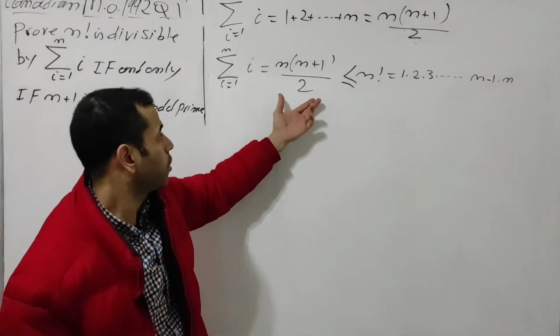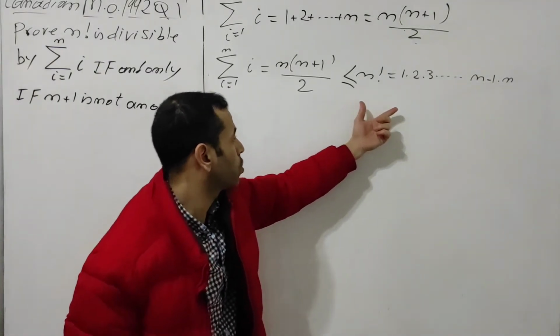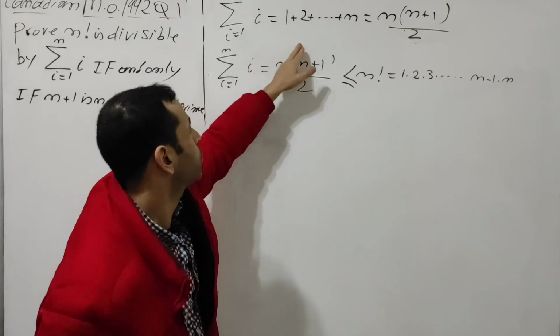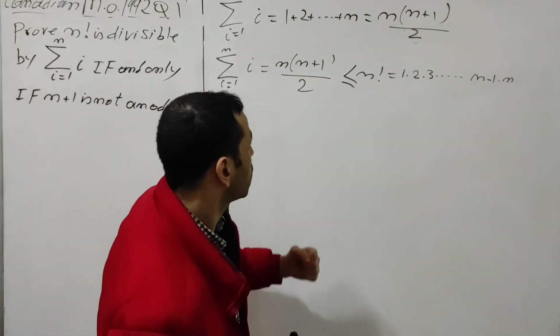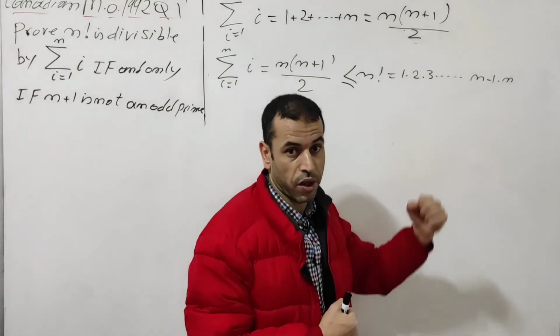It's very clear that this one is less than or equal to this one, because if n is greater than or equal to 1, the product becomes larger than the sum of these terms.